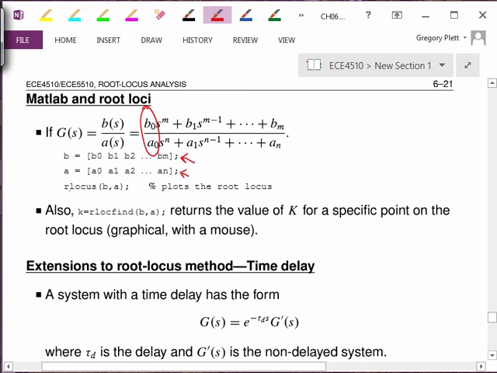And you simply type in rlocus(b,a), and it plots the root locus plot for you. Also, if you want to know what value of K gives you a point on the root locus, you do K = rlocfind(b,a), and it will bring up the root locus, and you can click on that locus with the mouse, and it will give you the value of K for a specific point on the root locus. That's also extremely helpful.